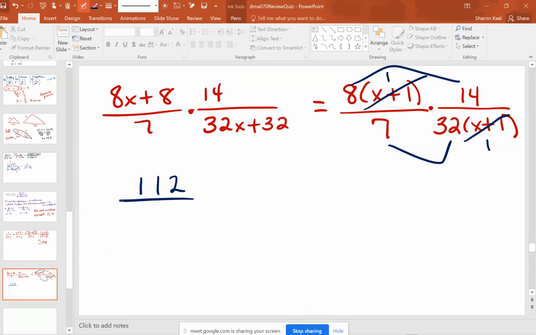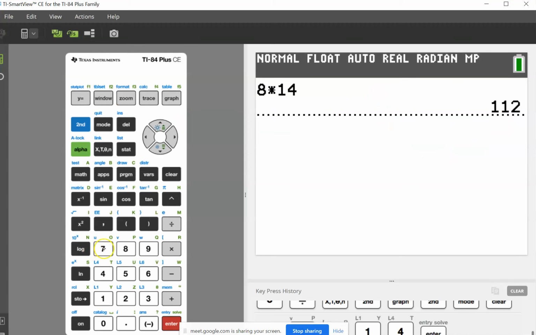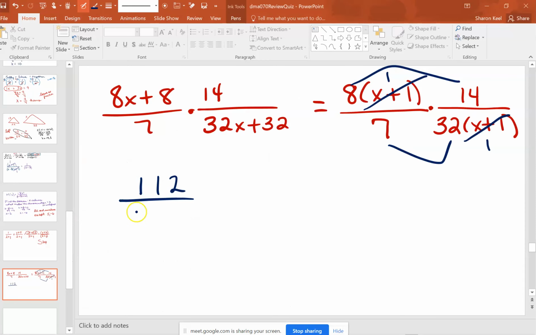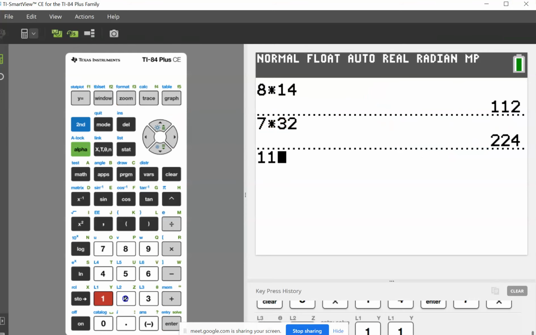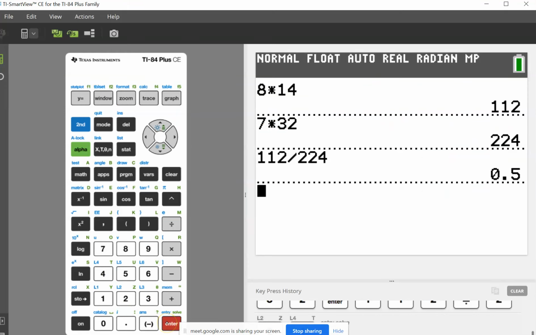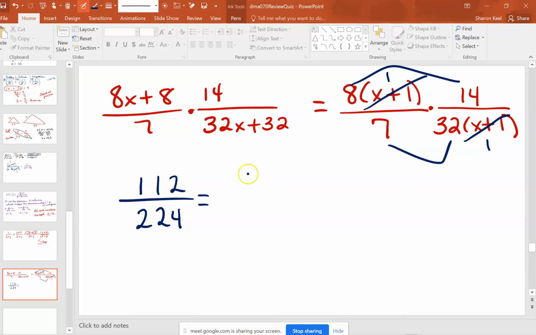The denominator is 7 times 32. That gives us 224. All we have left to do is to reduce this fraction. So we have 112 divided by 224. We get a decimal, press math and enter 2 times, and that simplifies to the fraction 1/2. So your final solution here is 1/2.